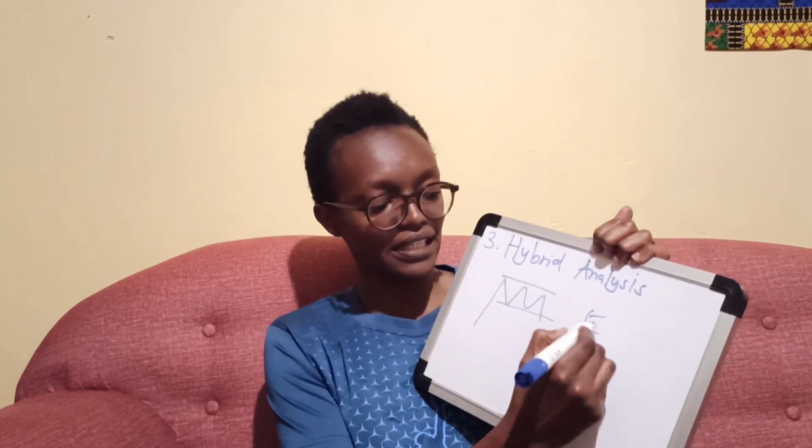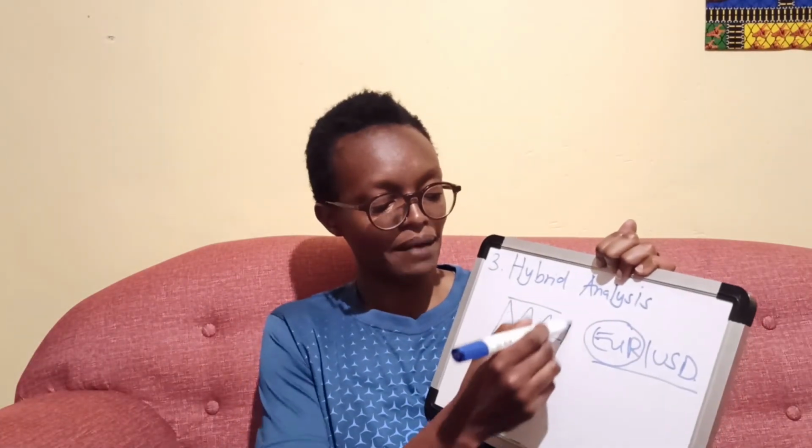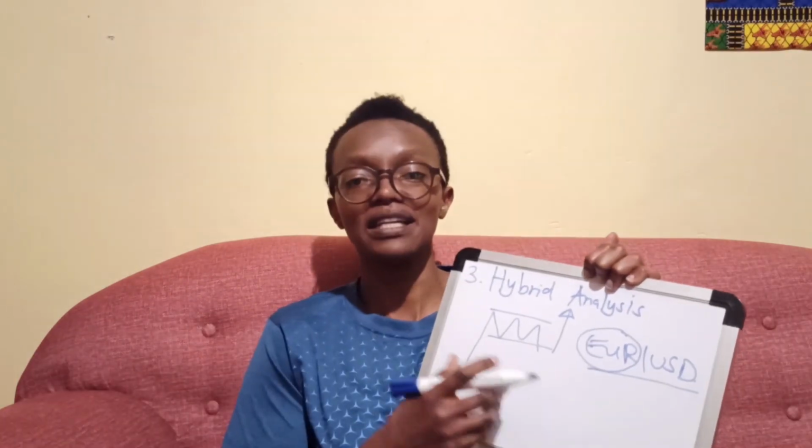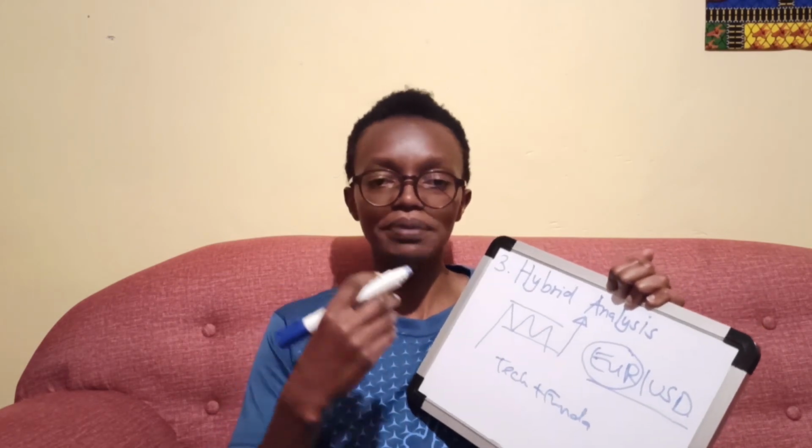Let's say the currency in this case was EUR/USD, and let's say there's positive information or positive news that has come out in favor of the euro. So in this case, the buy position in this pattern would be supported by the fundamental information that has come out. So if you're able to combine both the technical and the fundamental, I believe you'd be able to develop a really good perspective about the movement of price.